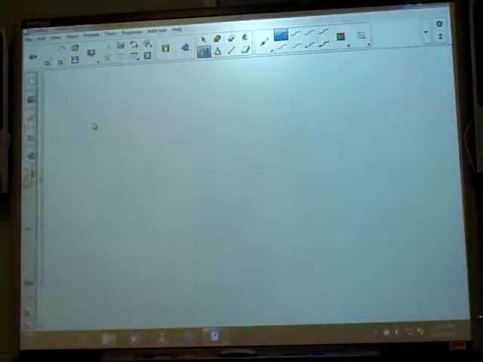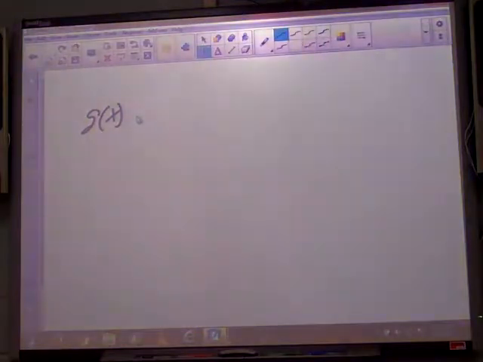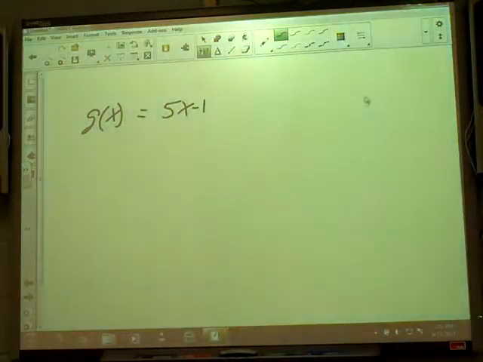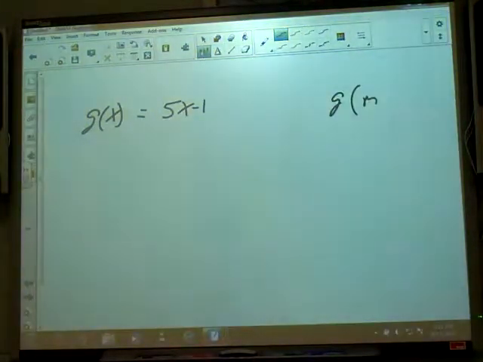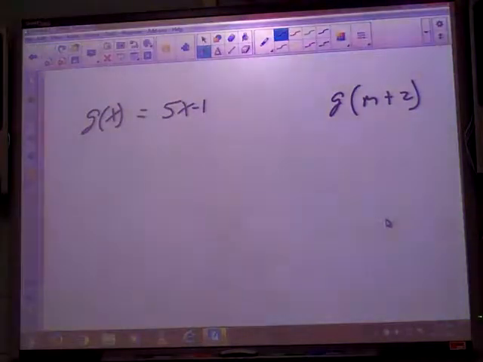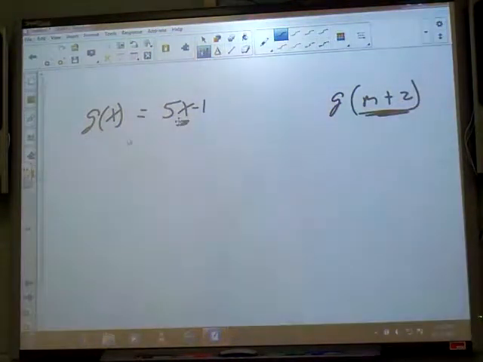Alright, so I've got g of x. It's still a function, even though they changed it to g, that's still function notation. This time, we're asked to solve for g of m plus 2. Whoa, we have a whole binomial we're evaluating for. We have to take this whole binomial and plug it in for x. Makes you pay attention.